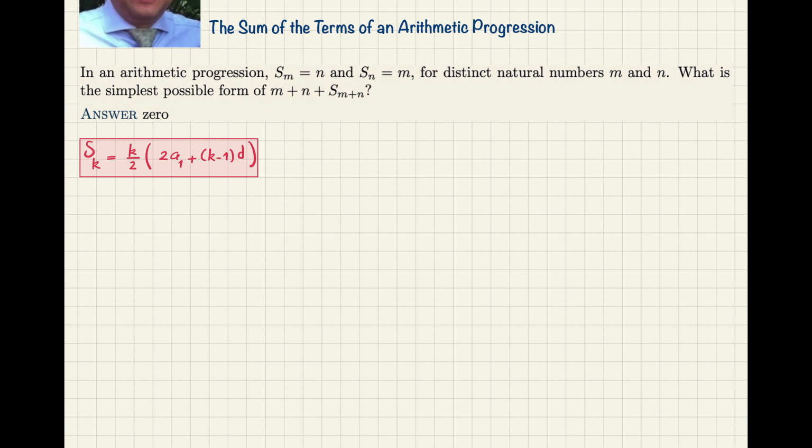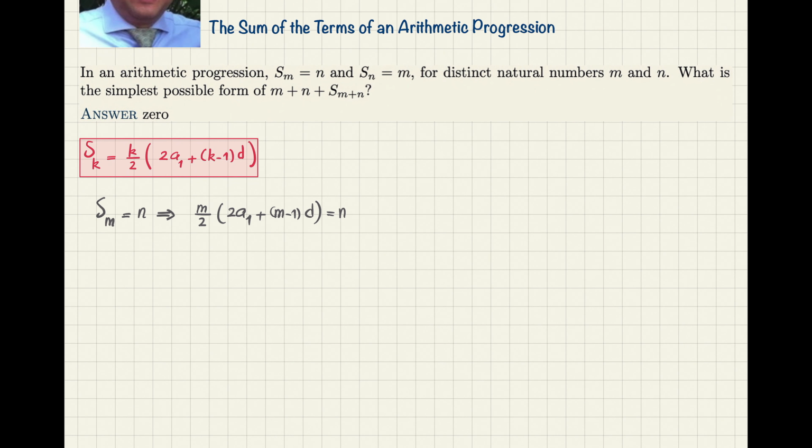The first thing we are given is S sub m is equal to n. So if I replace k with m here, then I will have m over 2 times (2a1 plus (m minus 1) times d) is equal to n.